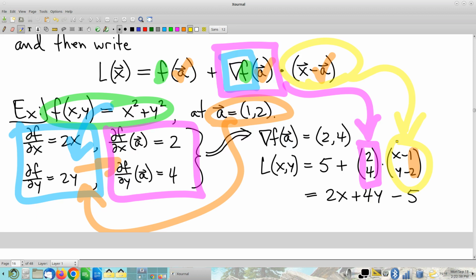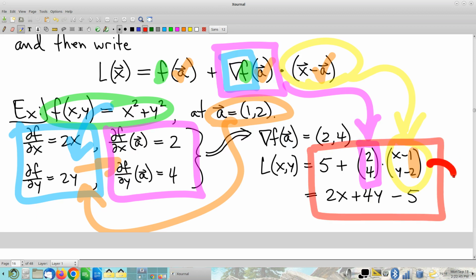Now, real quick, one thing you could do. I went ahead and did it here. You could take that formula that we just plugged into, multiply out the dot product, collect terms, and rewrite it as this. If you're going to be computing this numerically, like coding this into a computer and computing it a couple hundred thousand times, sure, go ahead and simplify the algebra. But in a math class, most of the time, you're not.